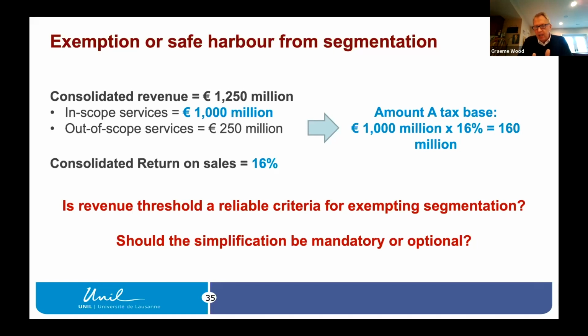But where that line is, it's got to be pretty tight. In terms of the application of Amount A, there is always going to be a trade-off between administrative simplicity and something which is economically rational. I would always lean on the economically rational side as being more important than administrative simplicity, but there's definitely a line to be drawn where it shouldn't go too far to one side versus the other.